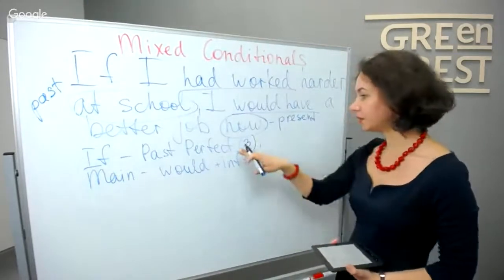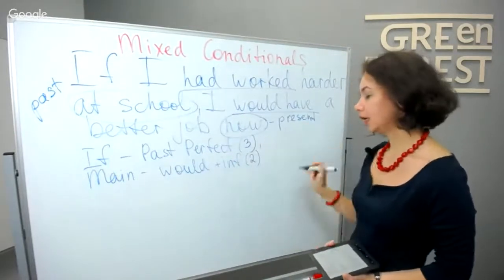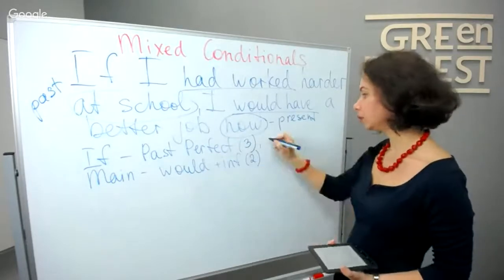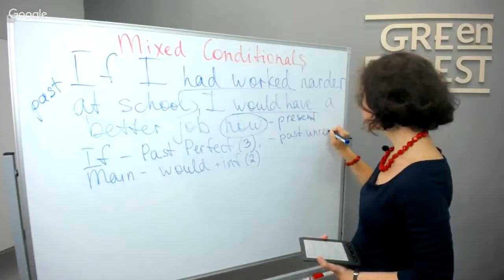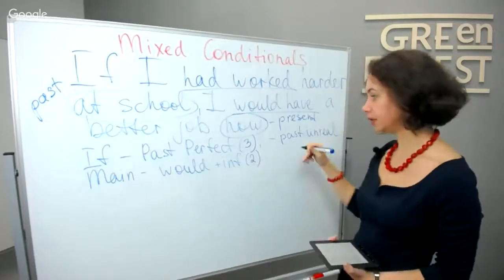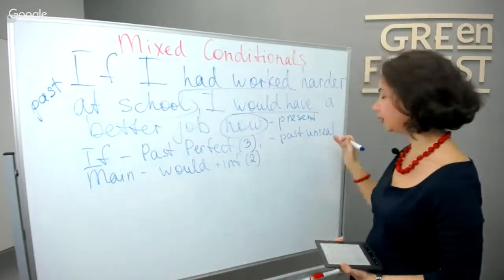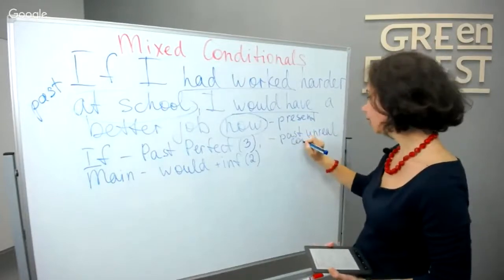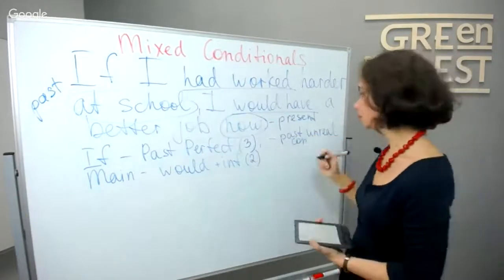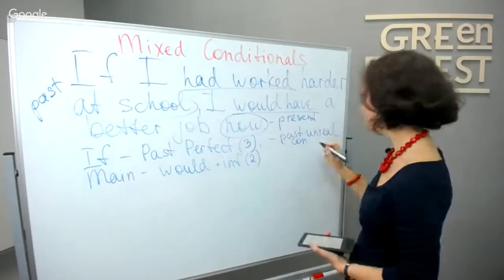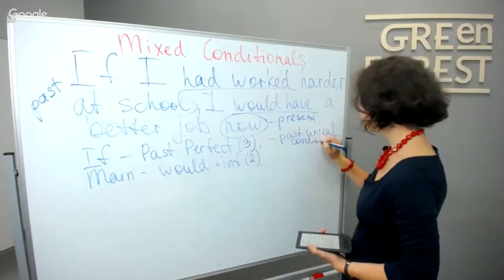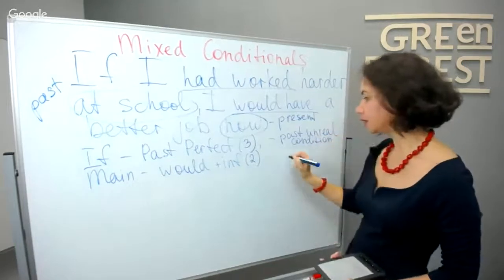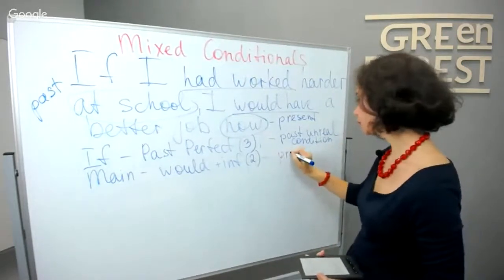In this case, we have 3 plus 2. 3, past perfect, when we want to express a past unreal situation, and the result, this is our past unreal condition, we can say. Only under that condition would we have or wouldn't we have that result. So past unreal condition, and this is our present result.